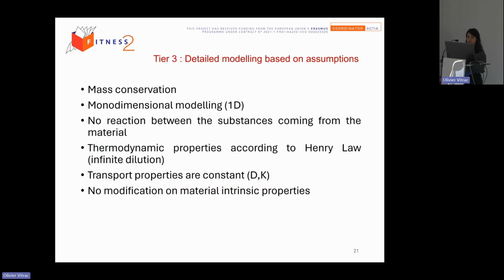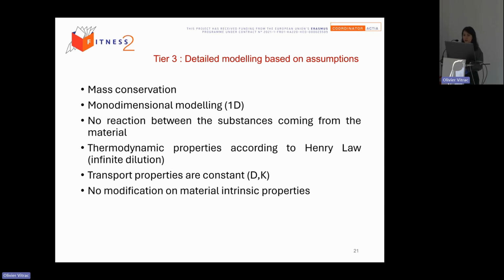And the last one is where we introduce all the assumptions and use detailed modeling. So we assume the conservation of mass. We use monodimensional modeling. We don't have reactions between substances coming from the material, because sometimes we have breakdown products or reaction products, so this tool doesn't cover it.